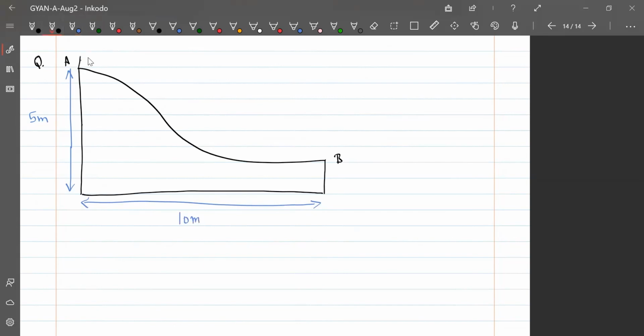And a block of unknown mass, let us say mass is m. Coefficient of friction between the block and the plane is 0.1. Then find speed of block when it reaches point B.